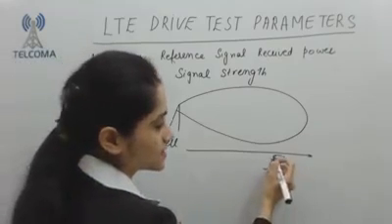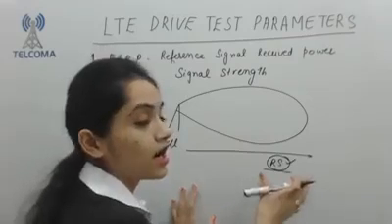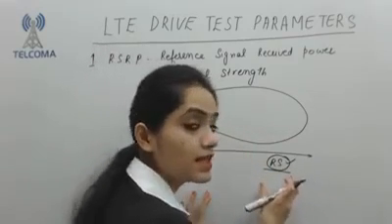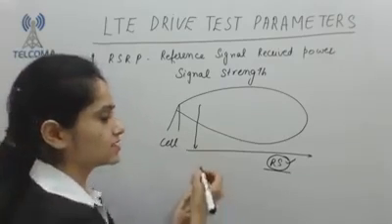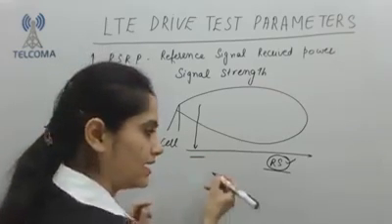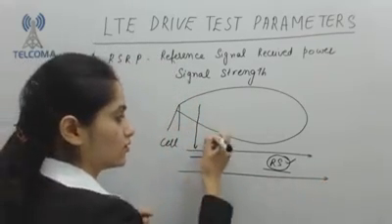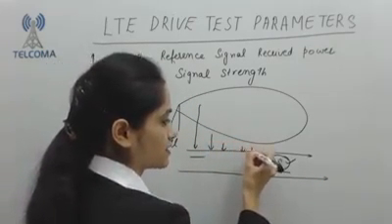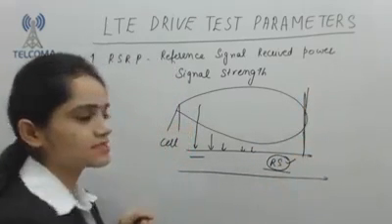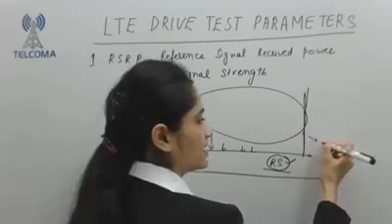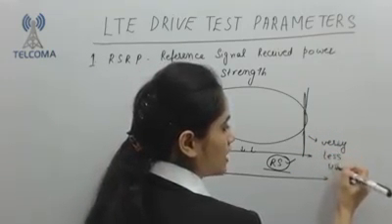Now this reference signal I require to have its strength, that means how strong this reference signal is. If I am near the cell, I will get a good value, and as I start moving away from the cell, my value goes on decreasing. Exactly at the cell edge, I have a very low value of RSRP.